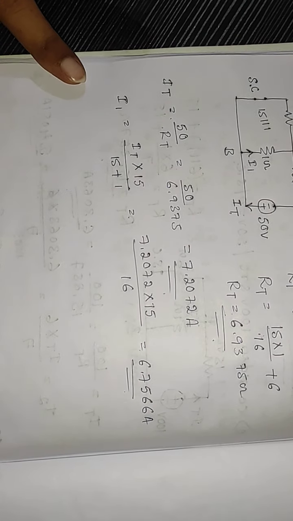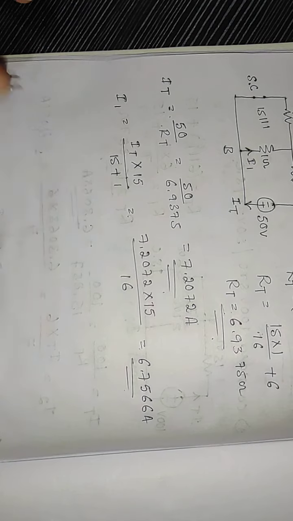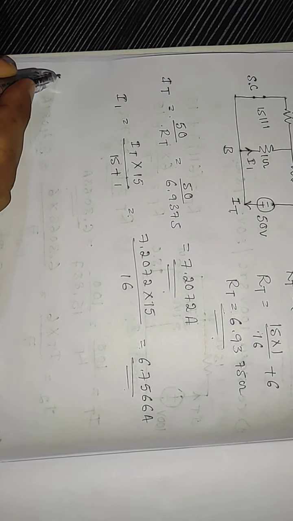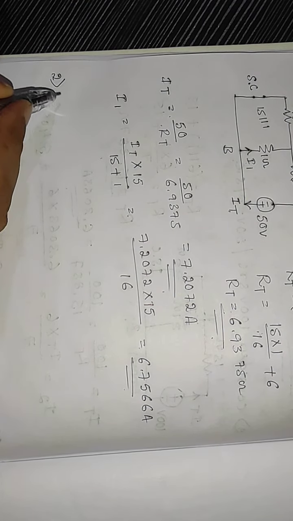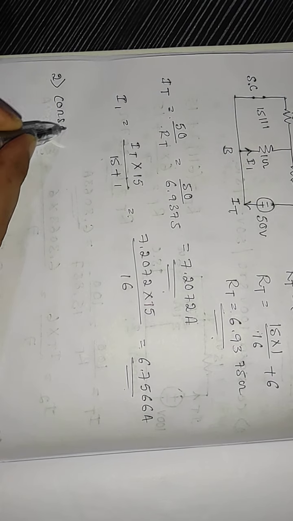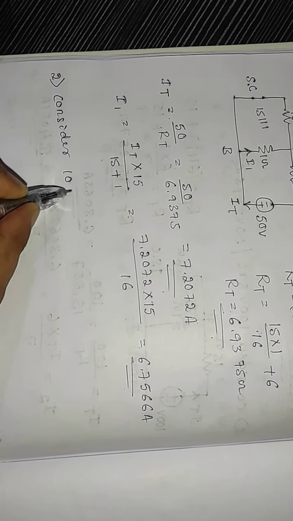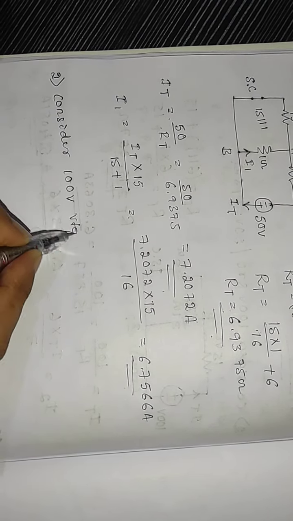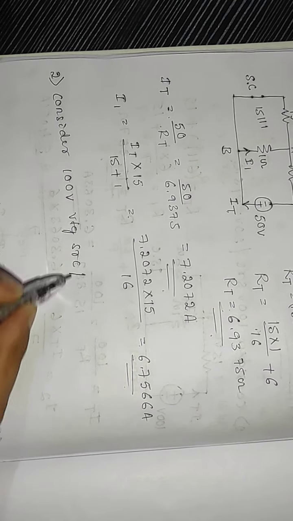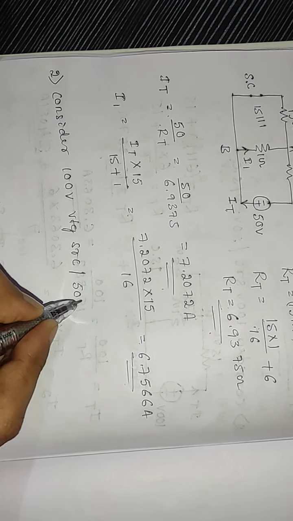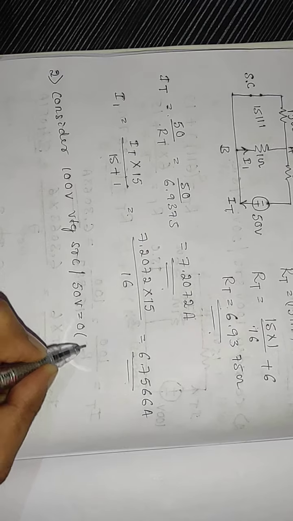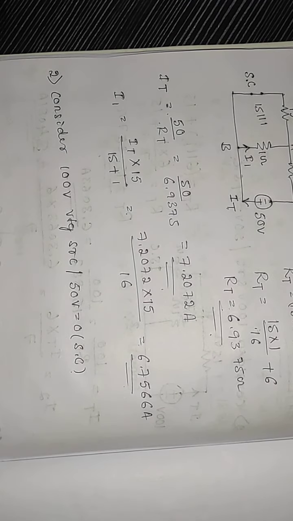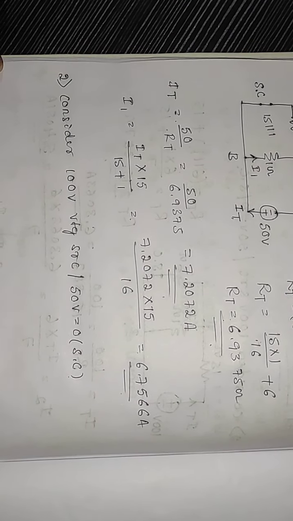Okay. Next, find the I2 current. Here consider the 100 volt voltage source and set the 50 volt voltage source to 0 by short circuiting.